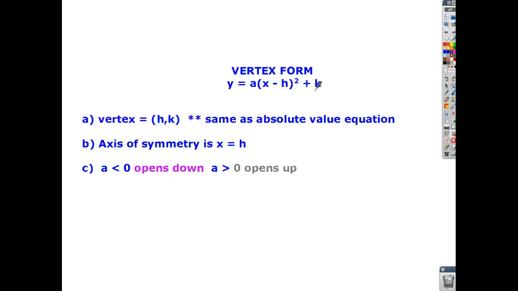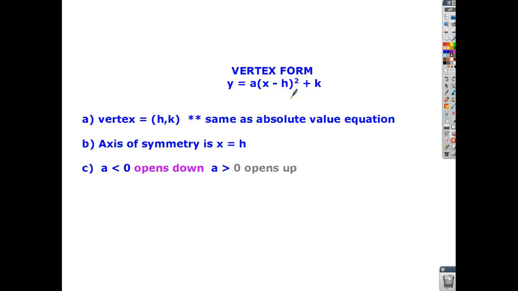Oftentimes people would say it's sort of like an absolute value equation. So it's technically like we're talking about the distance something is away from something else, in this case, from the axis of symmetry. So the axis of symmetry is going to be equal to h.